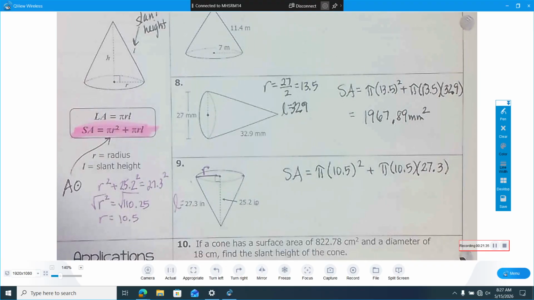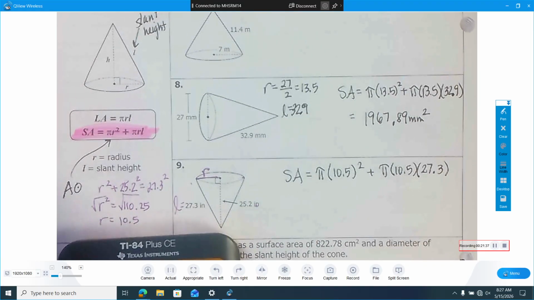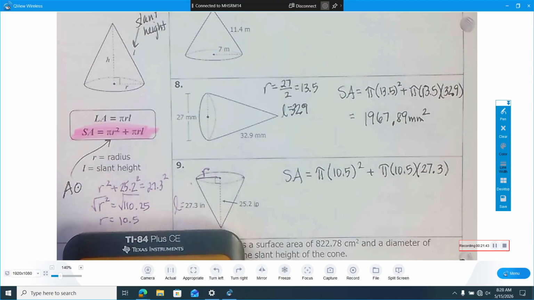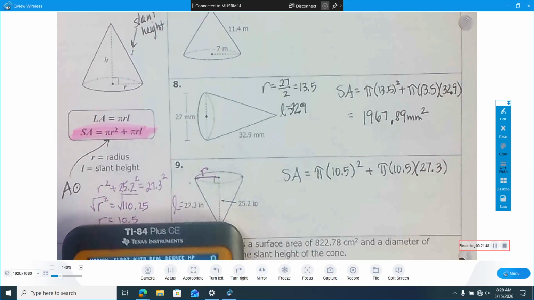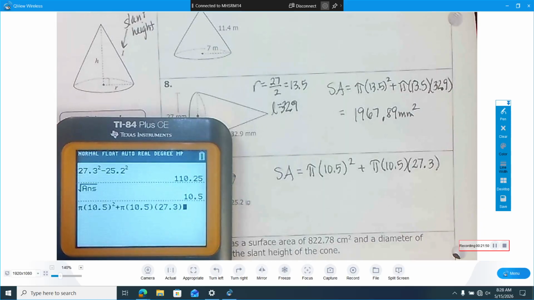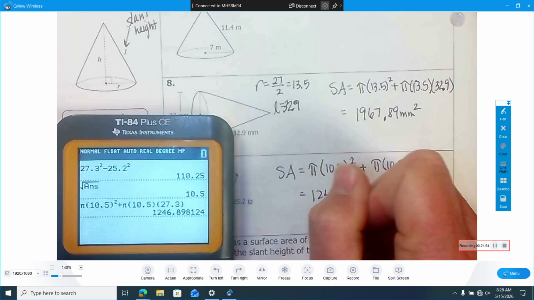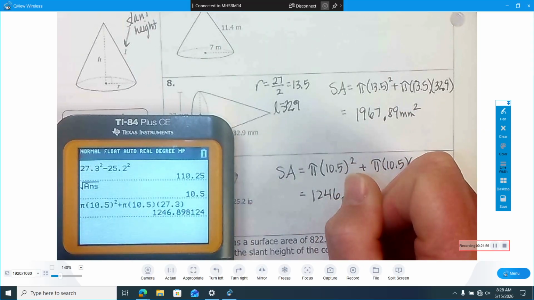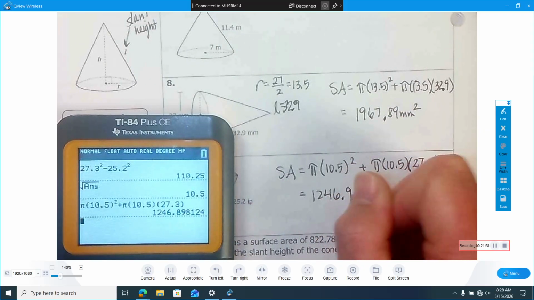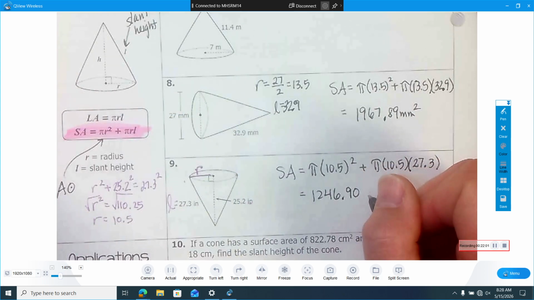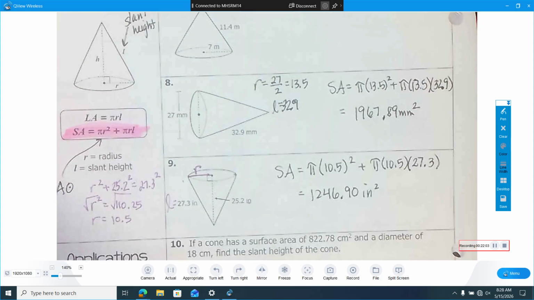All right, so we get pi times 10.5 squared plus pi times 10.5 times 27.3. Oh, you can't see me typing. There we go. All righty, and we get 1246.90 inches squared.